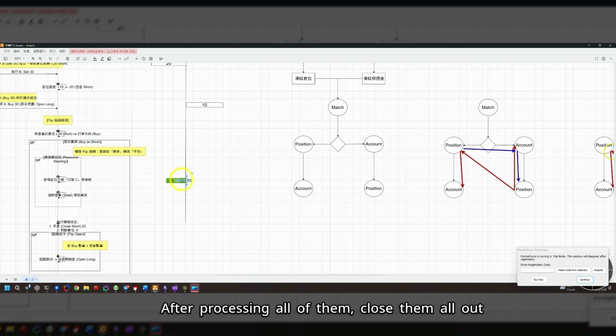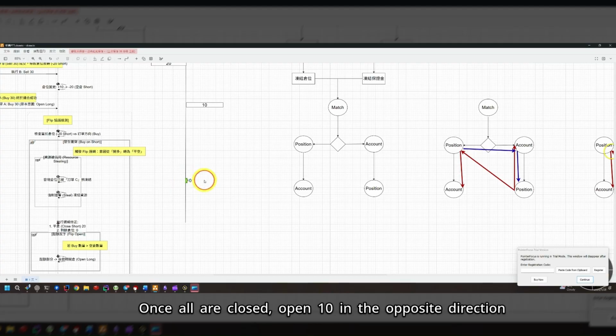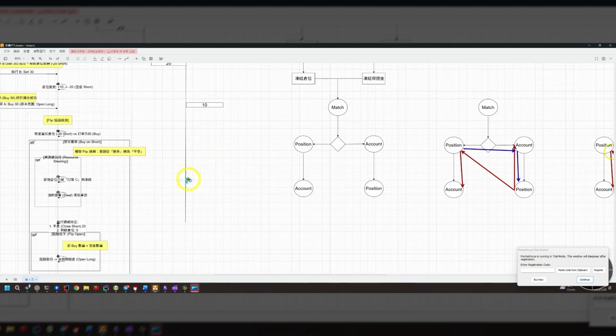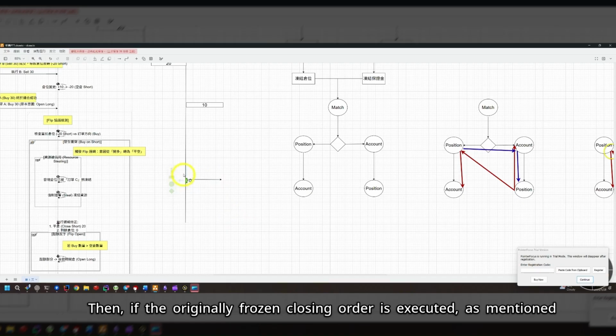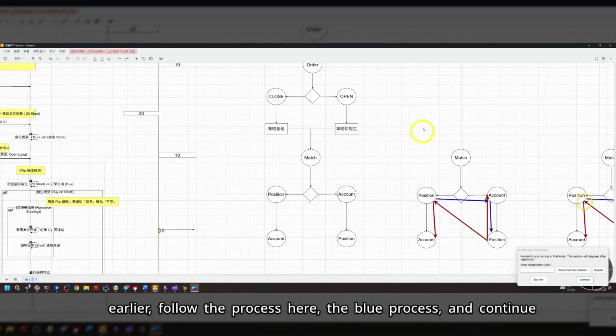Take them over and then process all 20 of these orders. After processing all of them, close them all out. Once all are closed, open 10 in the opposite direction. Then, if the originally frozen closing order is executed, as mentioned earlier, follow the process here, the blue process, and continue.